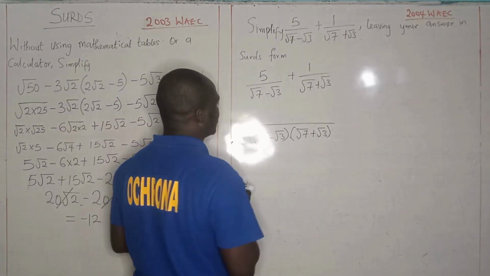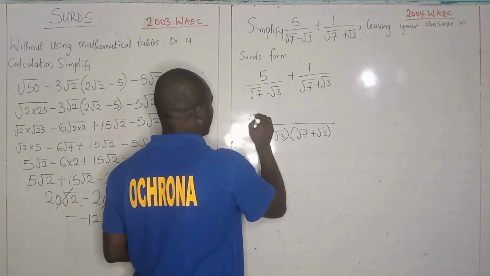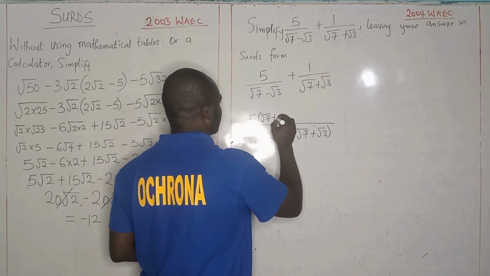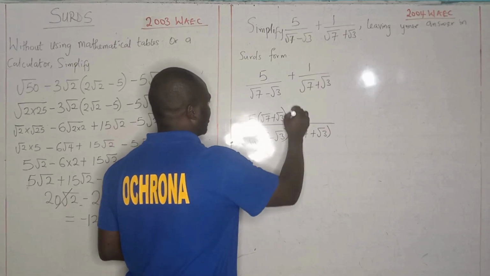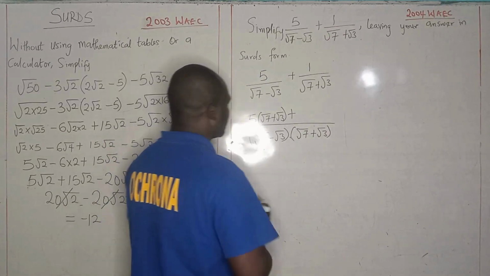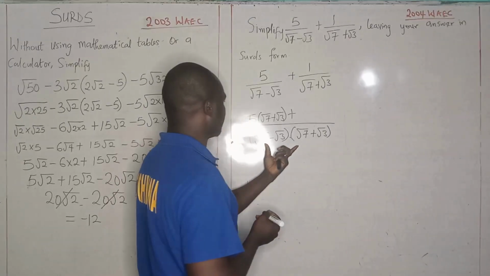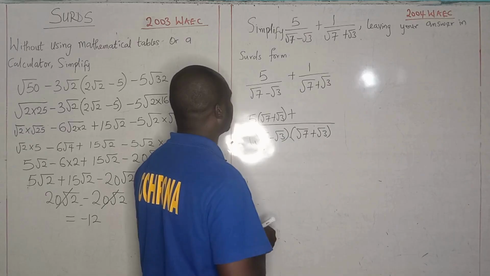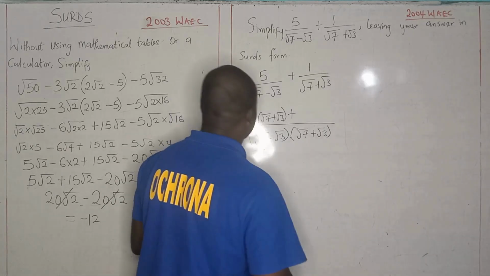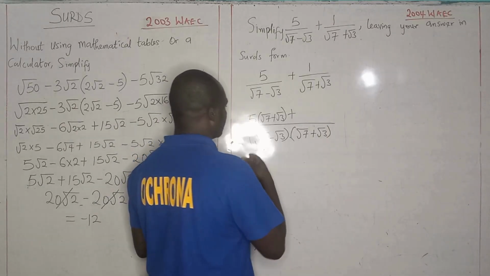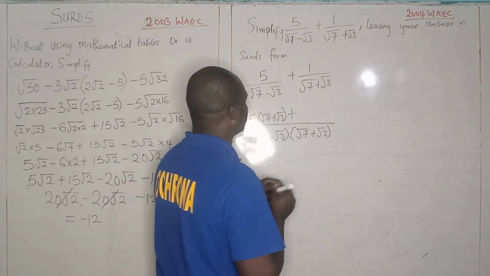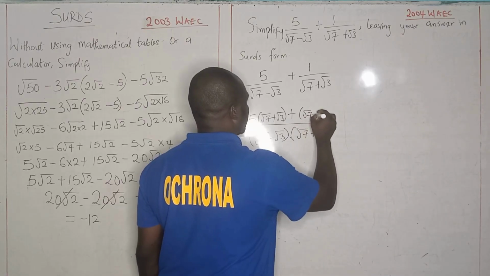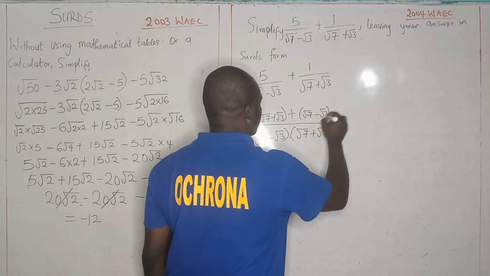Now multiplying it by 5 means 5 into bracket root 7 plus root 3 plus, how many of these can we see in this place? That's what? Root 7 minus root 3. So multiply it by 1, we have what? Root 7 minus root 3.